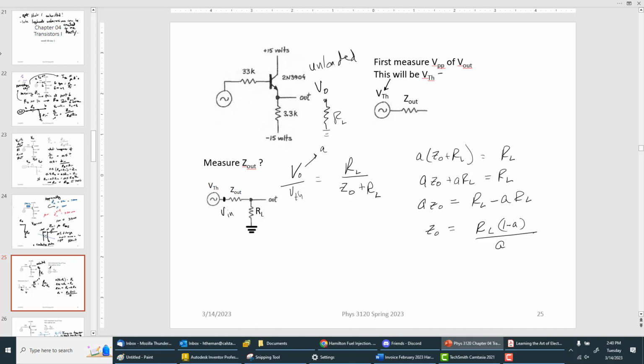We can ignore the output impedance of the function generator because it's only 50 ohms. And we already know that the input impedance at 330K means that there's no way in the world we have to worry about the impedance of the function generator itself.